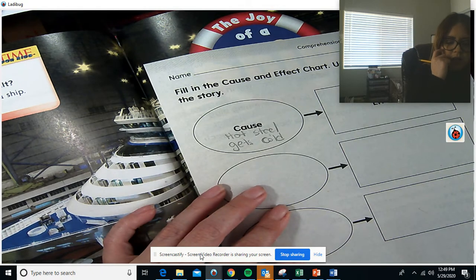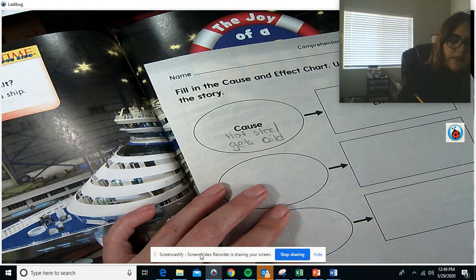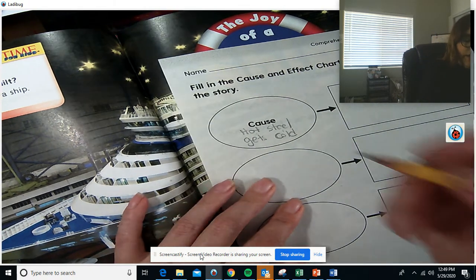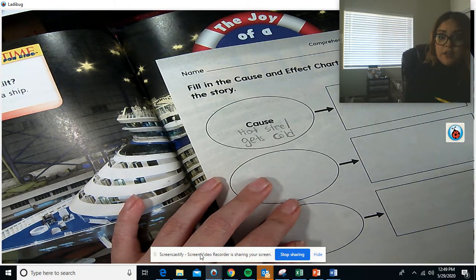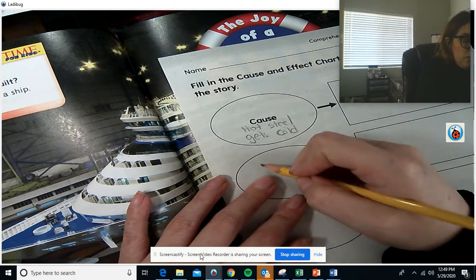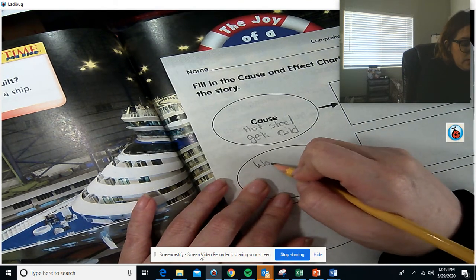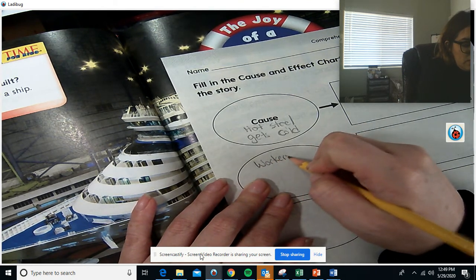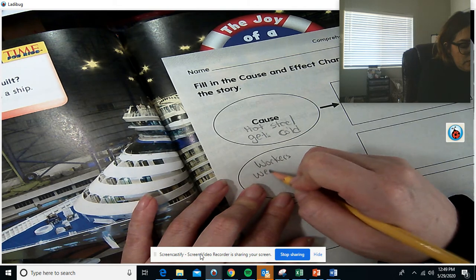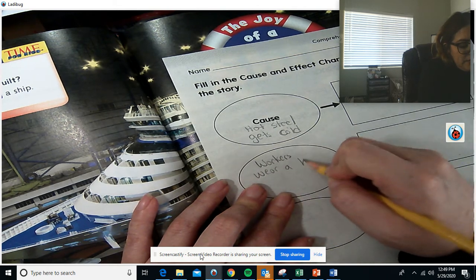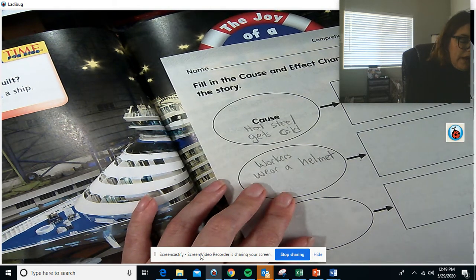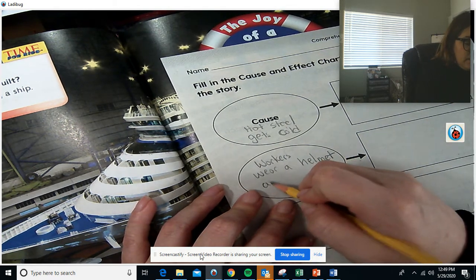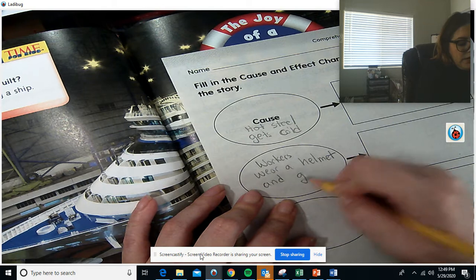Another cause that we're going to look at is when workers wear a helmet. So we're going to be looking at a story where workers are working on a ship. And so workers wear a helmet and gloves.